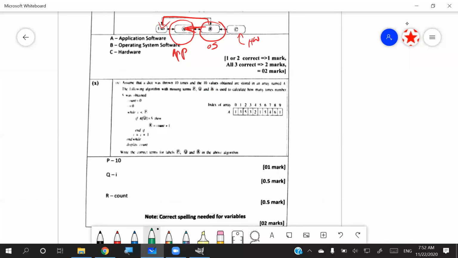Yeah, so P is 10, Q is I, and R is count. People, is that clear? Do you need me to brief it again? Right, great.